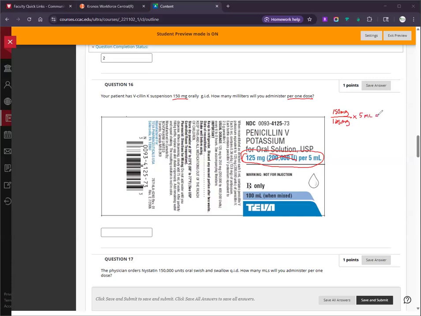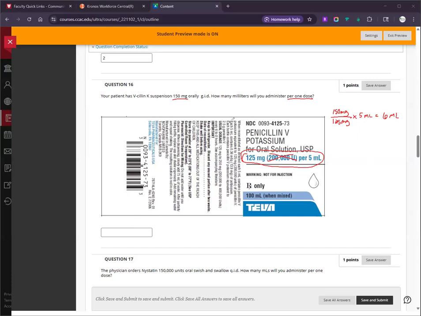And then that's how you would answer that question. And so 150 over 125 times 5 gives you 6 ml. So again, on a paper test, you would write your units, but for your answer here, you would just write 6 in the box.